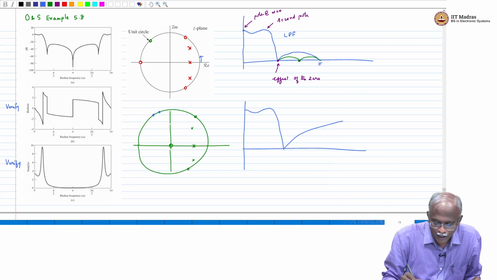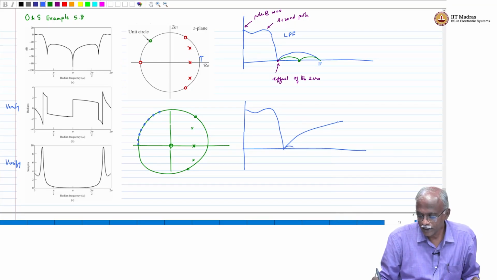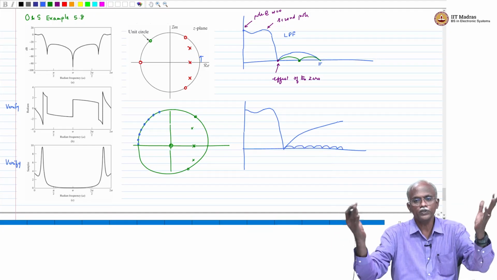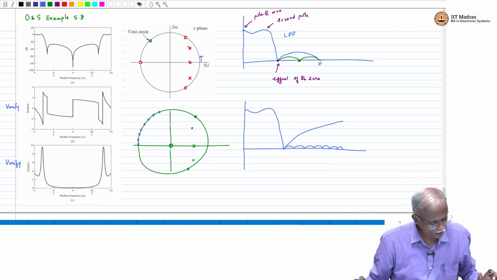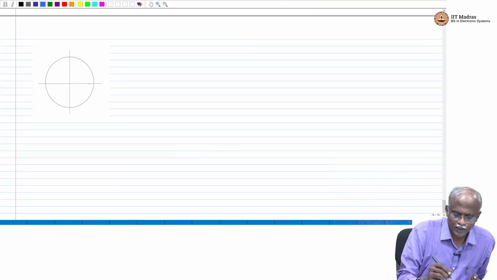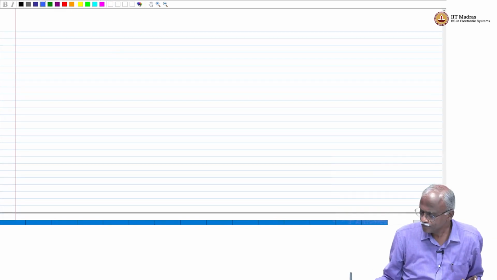It will have a large number of zeros located in this region, and if you have that, the behavior looks like this. So now you can see how you can adjust the poles and zeros to achieve the goal that we are interested in. Let's look at another example because I want you to be absolutely confident of what we are talking about.